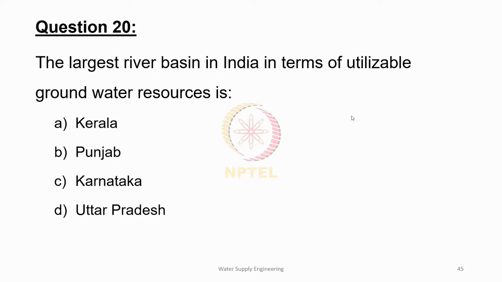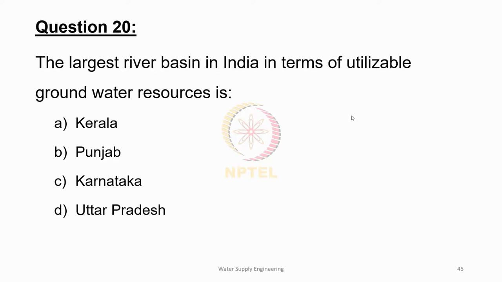Okay, I think there is some confusion in the question. I think it should be the state with the largest utilizable groundwater resources. I shall correct that before uploading it in the folder. So we'll just read it as the state with the largest utilizable groundwater resources.